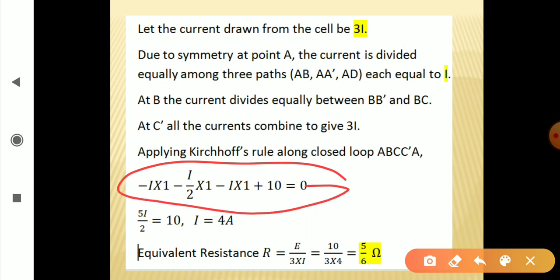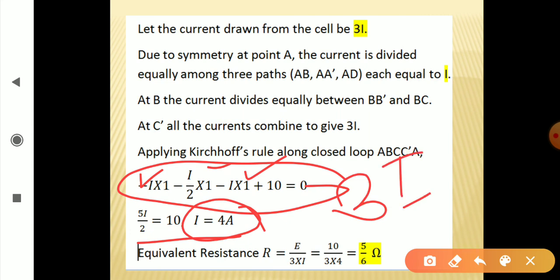this much: minus I into 1 minus I by 2 into 1 minus I into 1 plus 10 is equal to 0. Simplifying, you get 5I by 2 is equal to 10, or I is equal to 4 ampere. The value of I is 4, but the total current drawn from the cell is 3I.